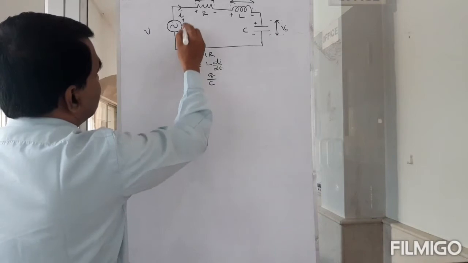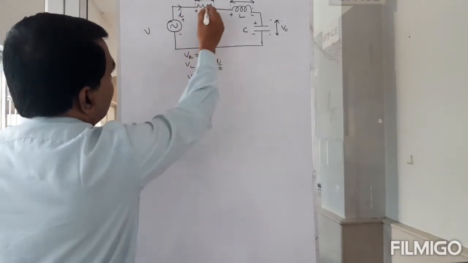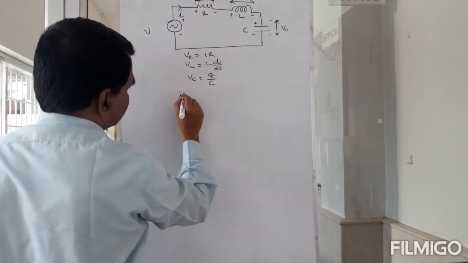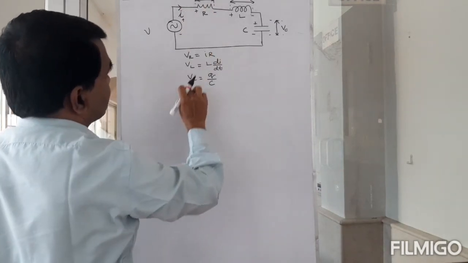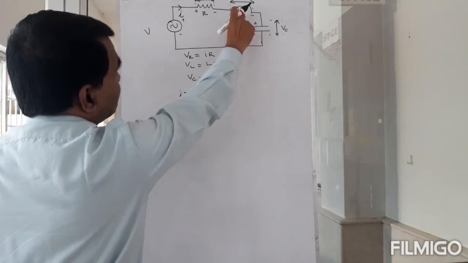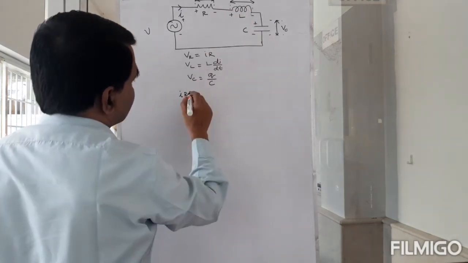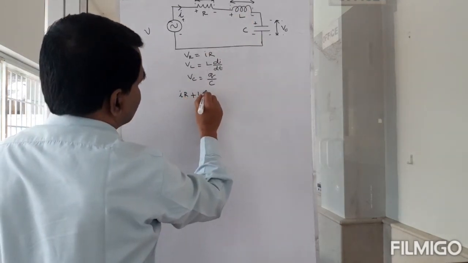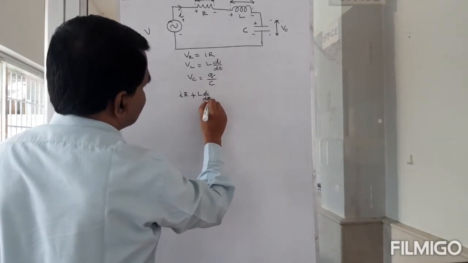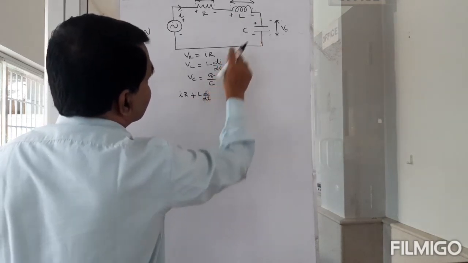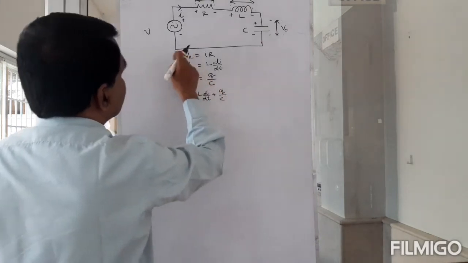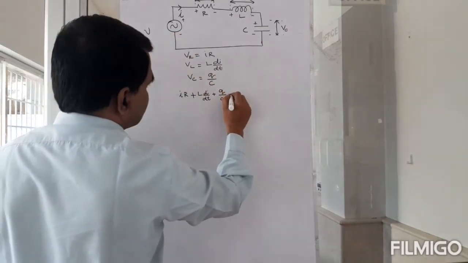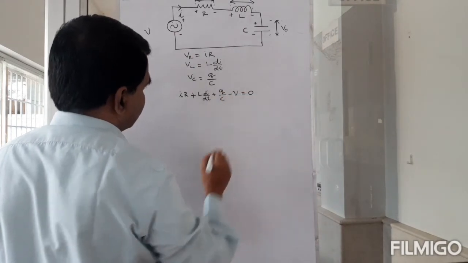What is the equation? This will be IR. I am entering positive, so this is positive. Then I am entering here positive, and that is L di by dt. Then again entering positive, so Q by C. Then I am entering negative, so minus V equals 0.